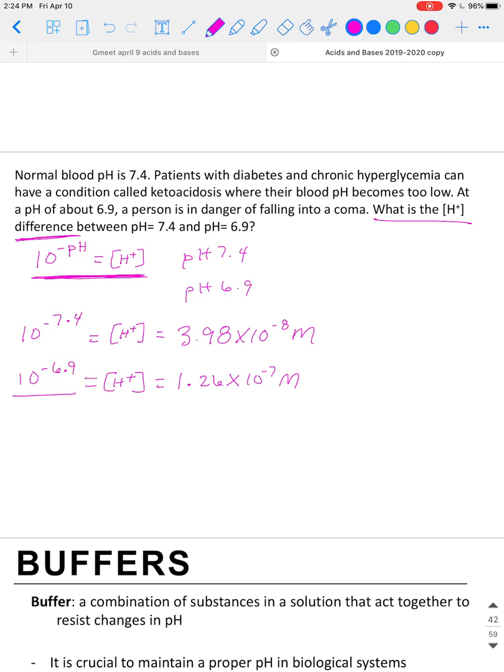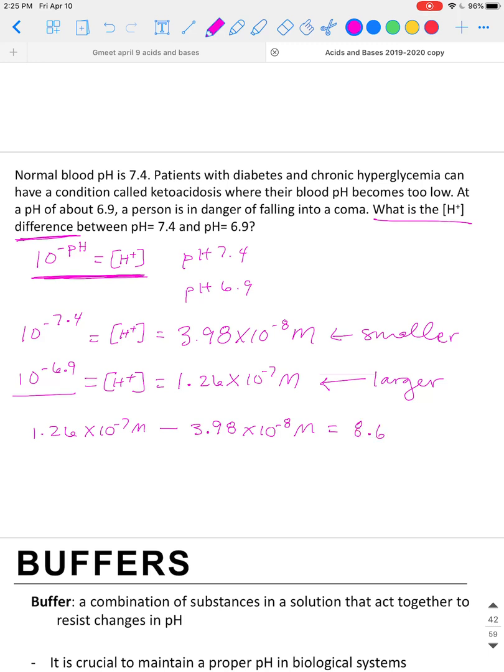We want to know the difference between the concentration of H plus for these two pHs. First, which one's larger and which one's smaller? 1.26 times 10 to the minus 7 is larger, and 3.98 times 10 to the minus 8 is smaller. So I'm going to do the bigger number minus the smaller number: 1.26 times 10 to the minus 7 molar minus 3.98 times 10 to the minus 8 molar.